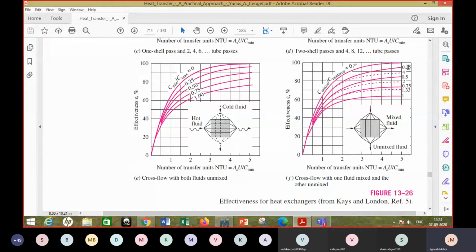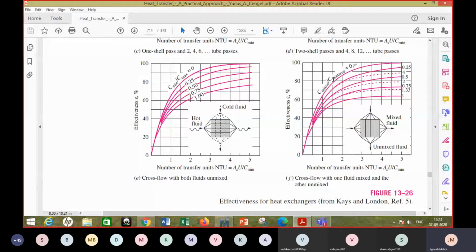And if it is 0.25, it means that this C mixed is the minimum heat capacity fluid, 0.25 less than 1, right? So this one is C mixed is C minimum, the fluid having lower heat capacity. So these full lines are for that, and the maximum you can have is 1.